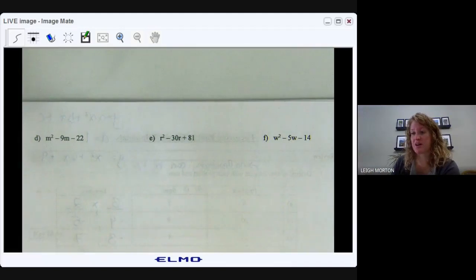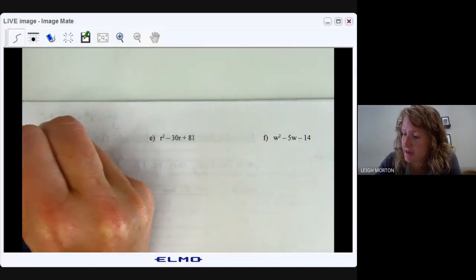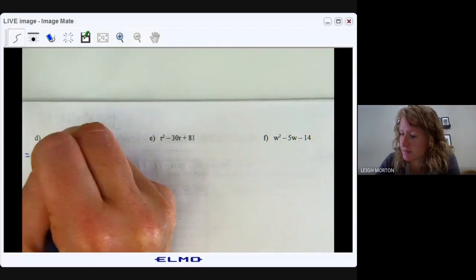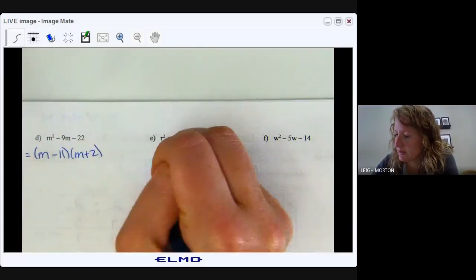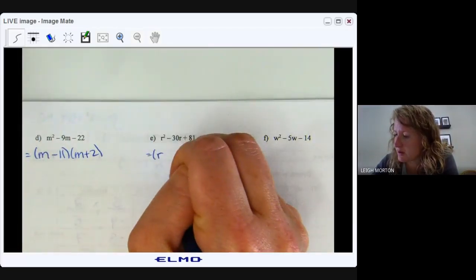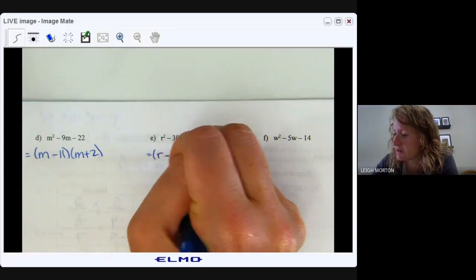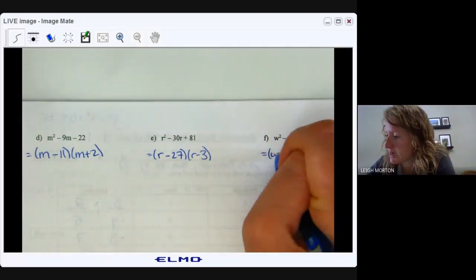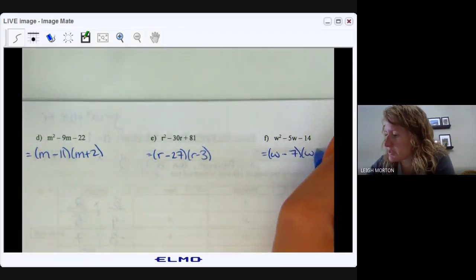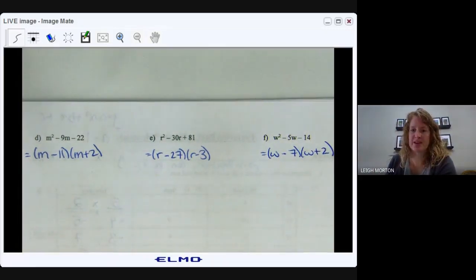Those of you that are watching live, maybe jot down the answers, but I'd like you to try this later, okay? So that's going to be m minus 11 and m plus 2. r minus 27, r minus 3. And w minus 7 and w plus 2. Great.